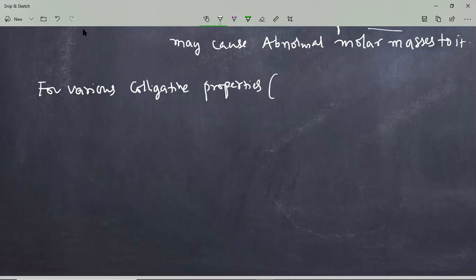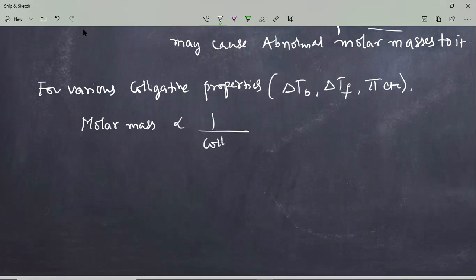We know the colligative properties: elevation in boiling point, depression in freezing point, osmotic pressure, etc. We observed in their mathematical expressions that molar mass, or molecular mass, is inversely proportional to the colligative property.